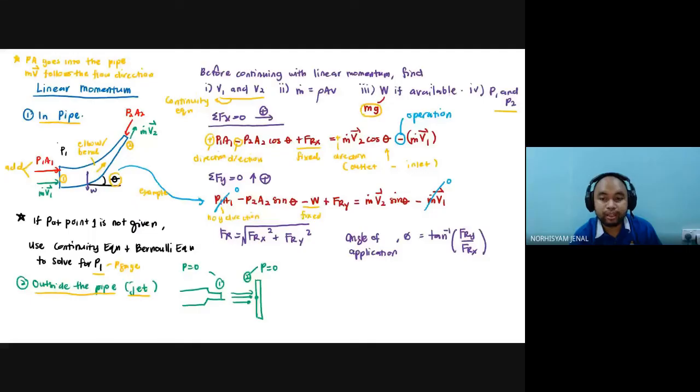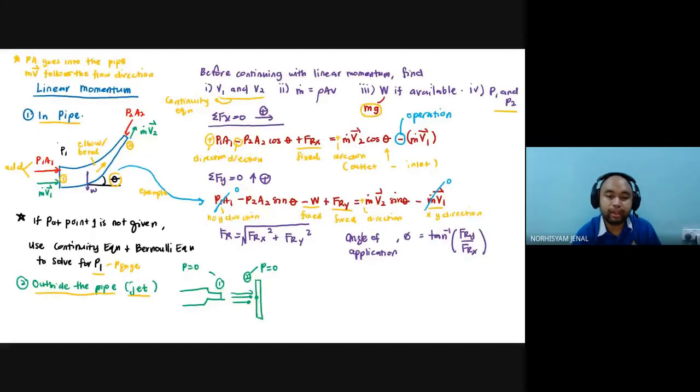And then plus FRY, this is also fixed. And then m dot v2 sine theta is positive here because of direction. M dot v1 is equal to 0 because there is no y direction for m dot v1. So cancel out accordingly and then find the answer.